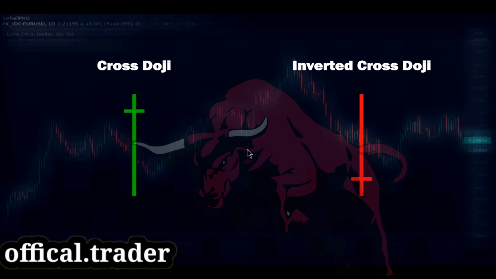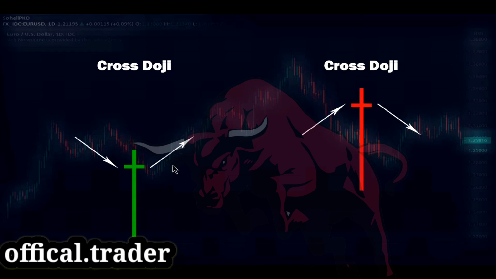Just know that cross doji is naturally bullish, but being bullish or bearish depends on where it forms. Forming at the bottom, following a decline or near a support level, it shows buying pressure and gives the possibility of a change in the direction of the price. And forming following an advance or near a resistance level, it shows selling pressure and gives the possibility that the price may change direction.